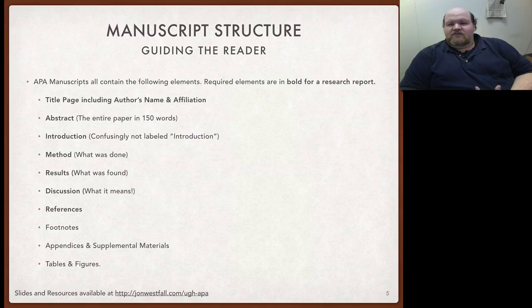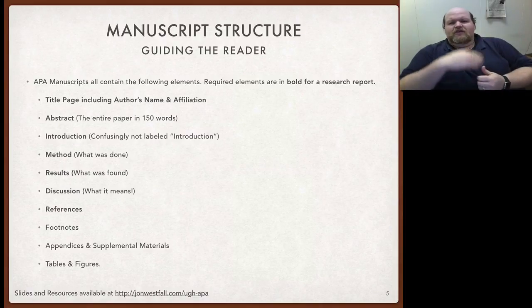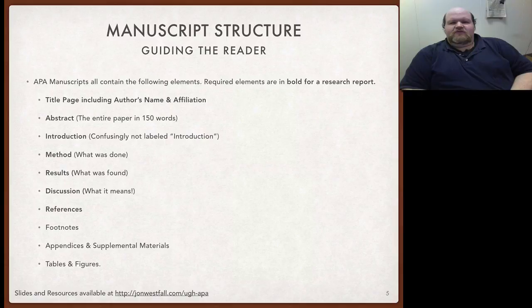This isn't where you actually explain what they mean. This is where you simply say, this group differed from that group. This group had this in their descriptive data, and then we ran this statistical test. You save the interpretation for the final section, which is the discussion section. So in method, you say what you did, in results, you say what you found, and in discussion, you say what it all means.